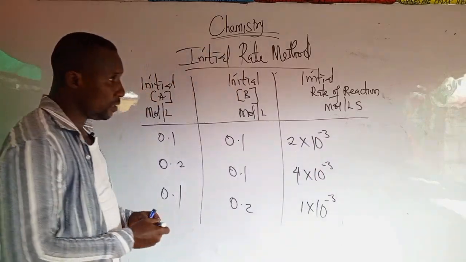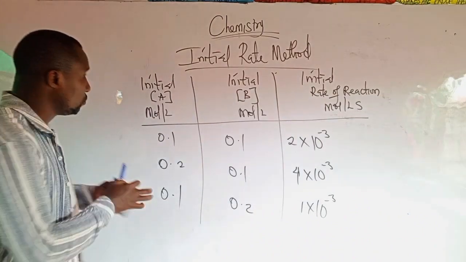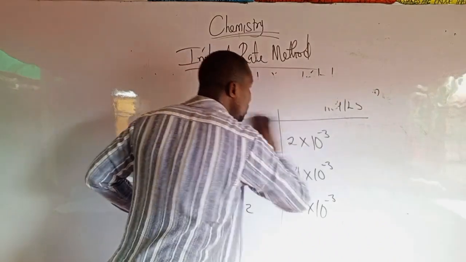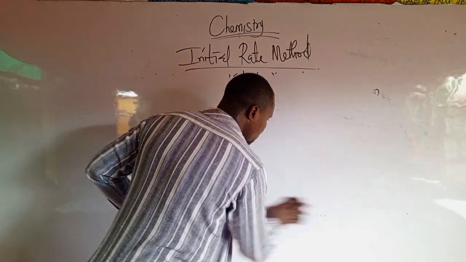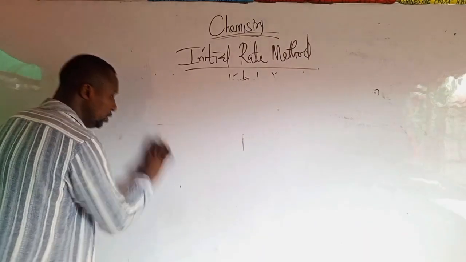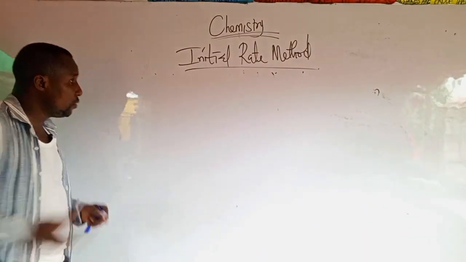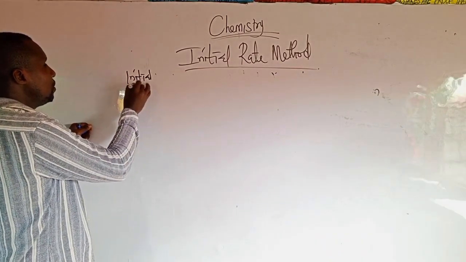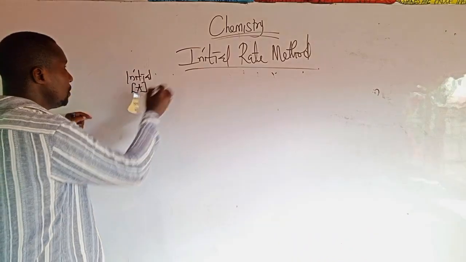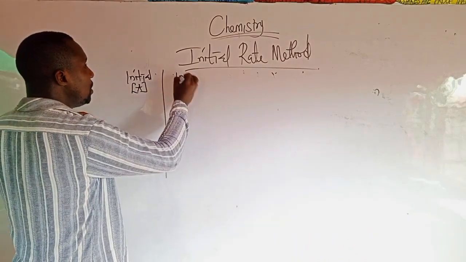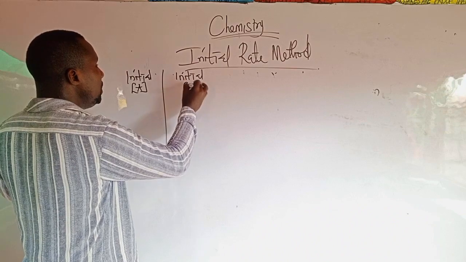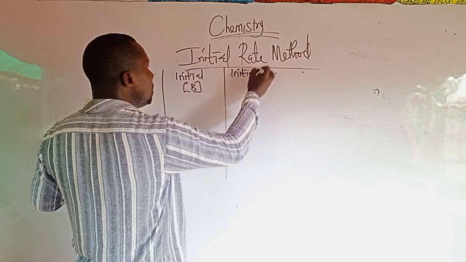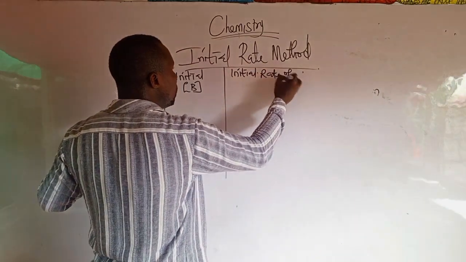Let me reduce my handwriting because I need space to solve. We have the initial concentration of A, the initial concentration of B, and the initial rate of reaction.